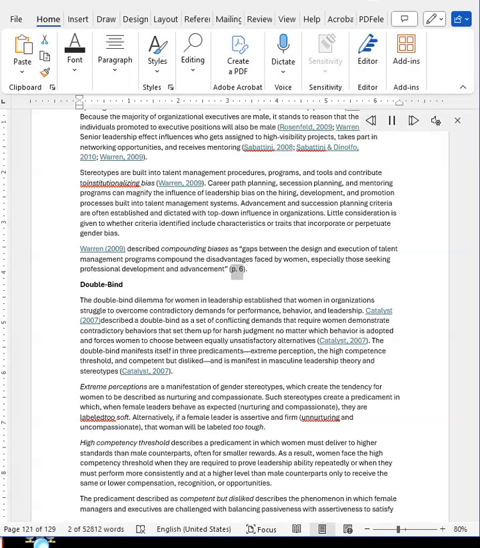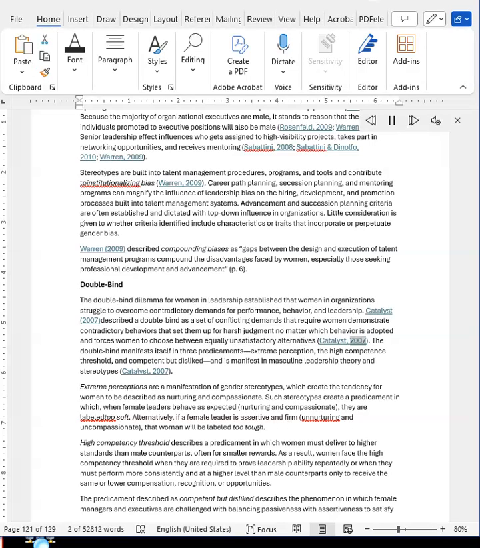Page 6. Double-bind. The double-bind dilemma for women in leadership established that women in organizations struggled to overcome contradictory demands for performance, behavior, and leadership. Catalyst, 2007, described a double-bind as a set of conflicting demands that require women demonstrate contradictory behaviors that set them up for harsh judgment no matter which behavior is adopted and forces women to choose between equally unsatisfactory alternatives.